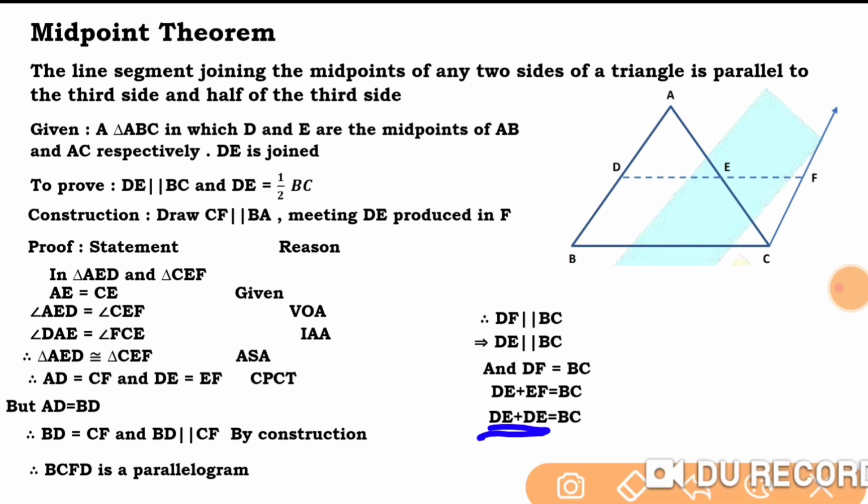Here DE plus DE is nothing but 2 times DE, and when we transfer 2 to the right hand side, you get DE is nothing but half of BC. So this is how we have proved the theorem, that DE is parallel to the base, and at the same time it is half of the base.